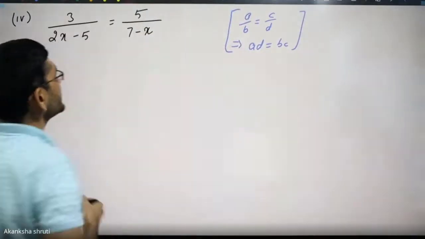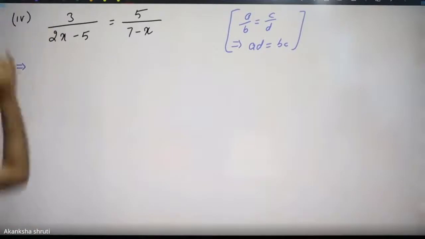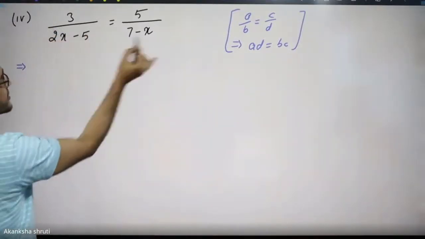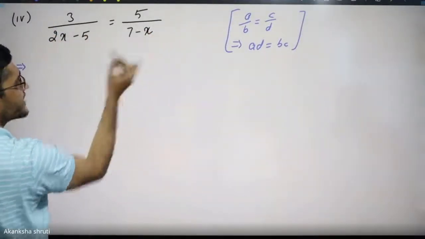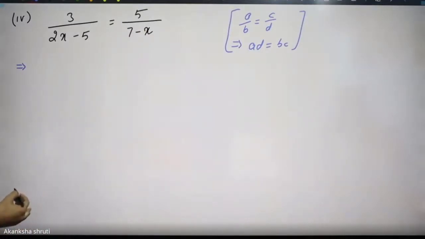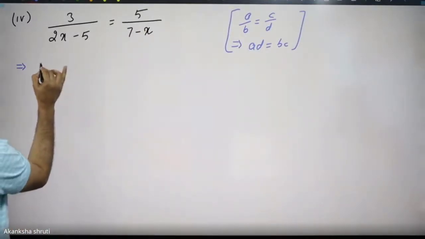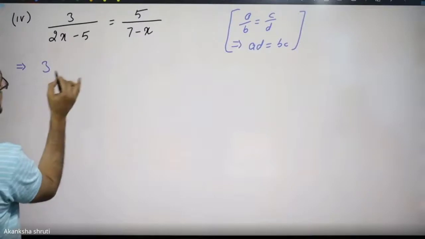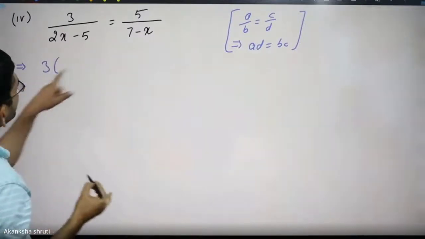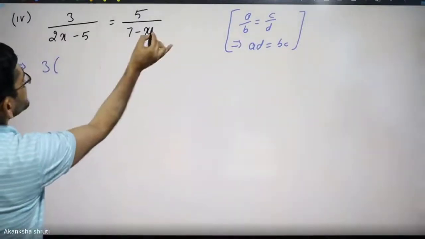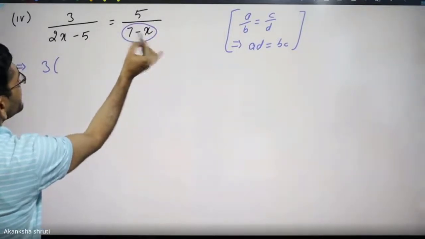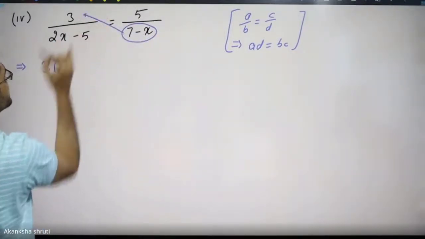It's very simple, but be careful regarding the bracket if more than one term is involved, either in the numerator or in the denominator. So it is the 3 which is in the numerator multiplied by this entire term. Means this entire term 7 minus x will go in multiplication with this 3.